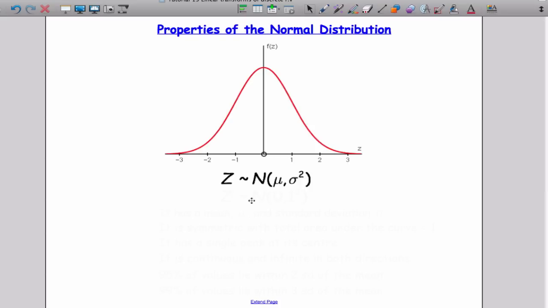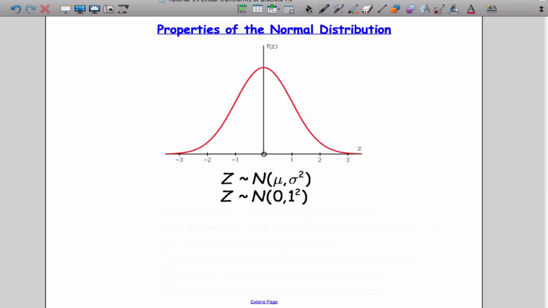Now with the standard normal, the mean is 0 and the standard deviation is 1. So this is just saying that Z is a random variable that is distributed normally with a mean of 0 and a variance of 1 squared, or a standard deviation of 1 if you like.